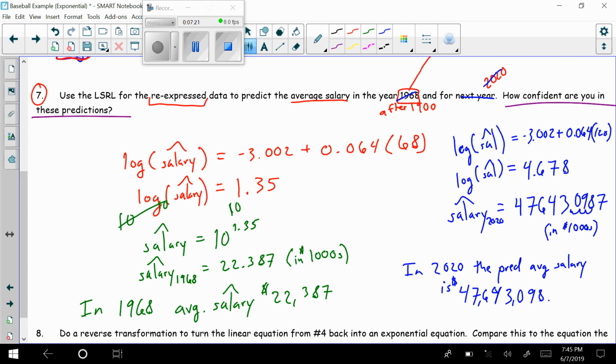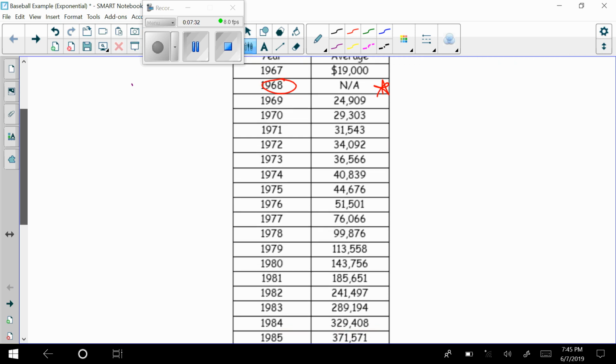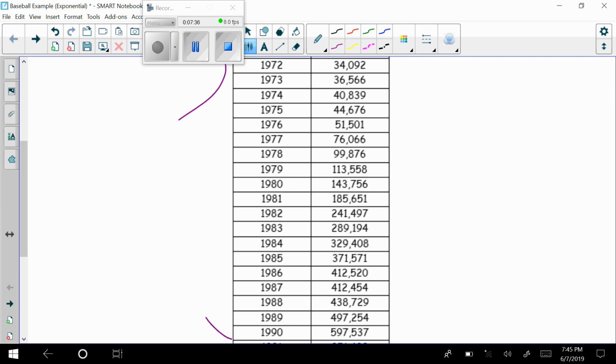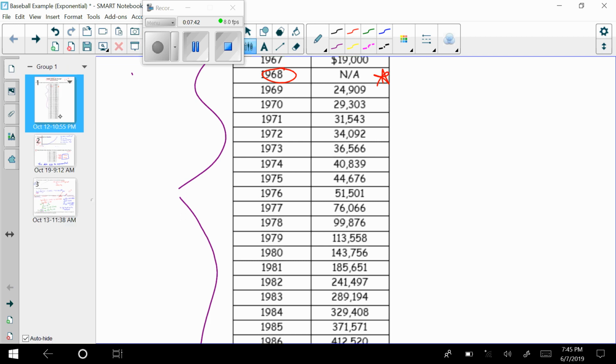When I look at 1968, this one here, and I think back to the original data, 1968 is in our original data. It is in between data values. It's what we know as an interpolation.